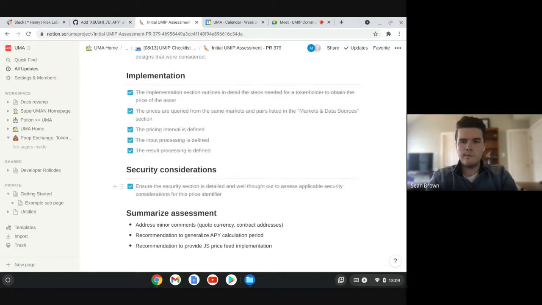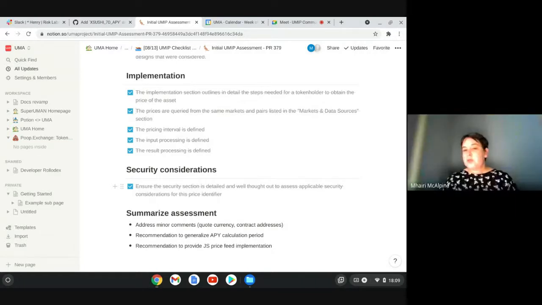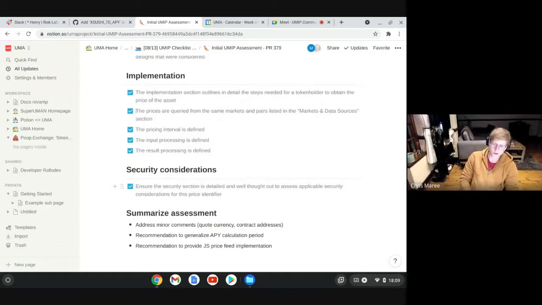I agree with that. It would just be bad if a situation came about where they have a really tight liveness. As a general rule, though, there's no way for us to enforce this, right?